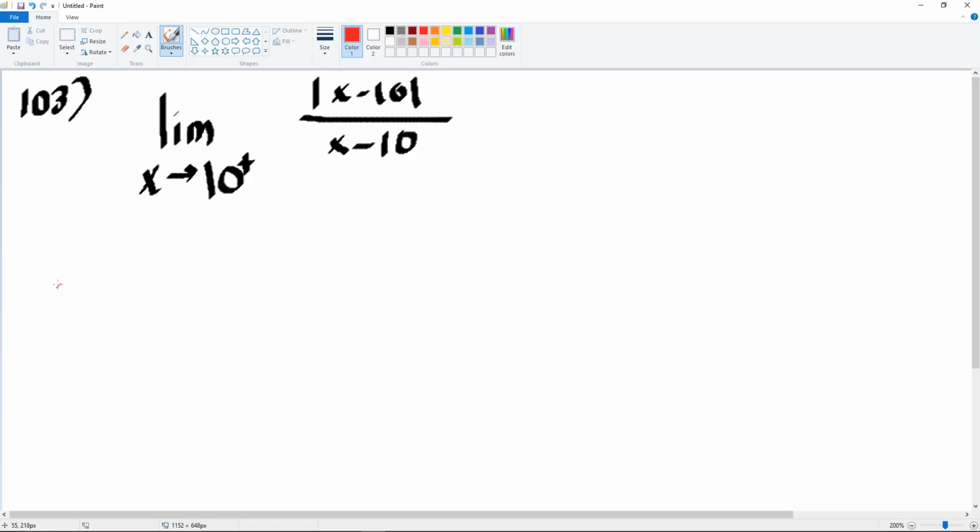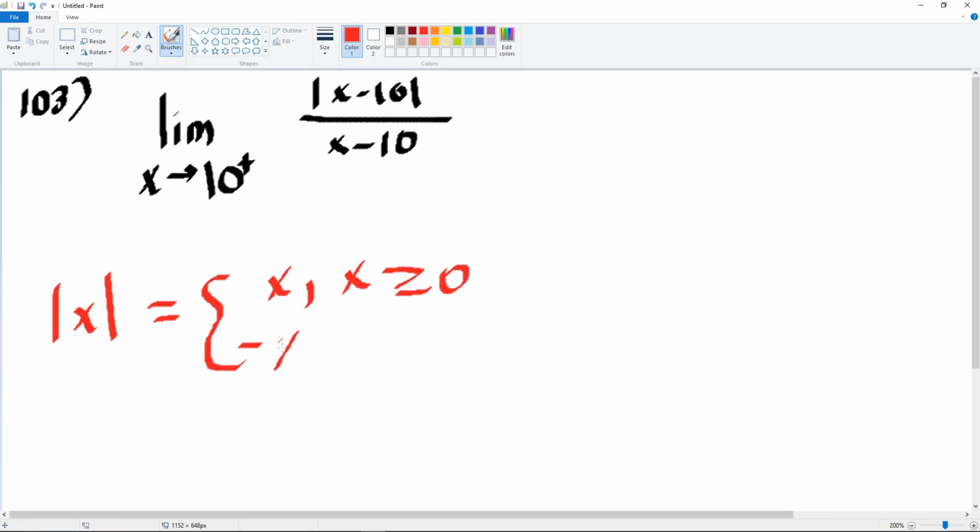I remember that I gave you the meaning of the absolute value. The absolute value of x is equal to x if x is greater than or equal to 0, or negative x if x is less than 0.